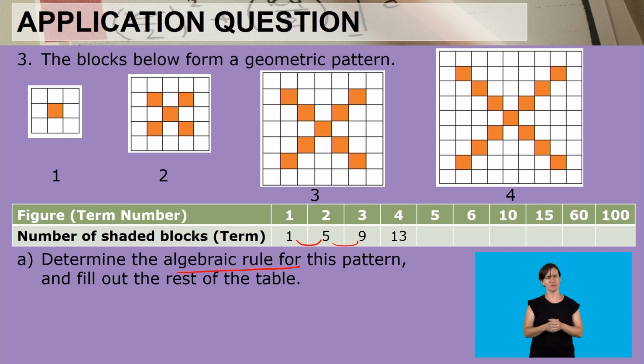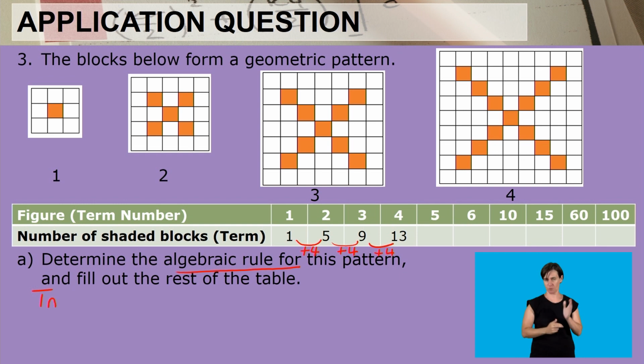So did we see how we are moving from the first figure to the next figure? Yes, as discussed previously, we are adding 4. So each time we go to the next figure, we are just adding a 4. That, of course, is going to help us in coming up with that algebraic rule.